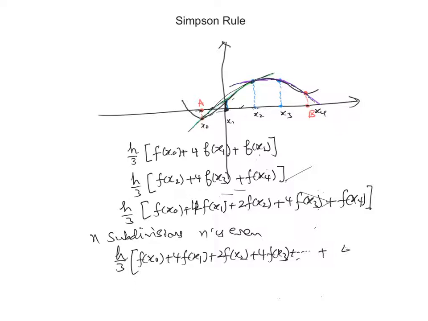It'll be 4 times f of x n minus 1, and before that the term will be 2 times f of x n minus 2, and then plus f of x n, and this is the formula for the Simpson rule.